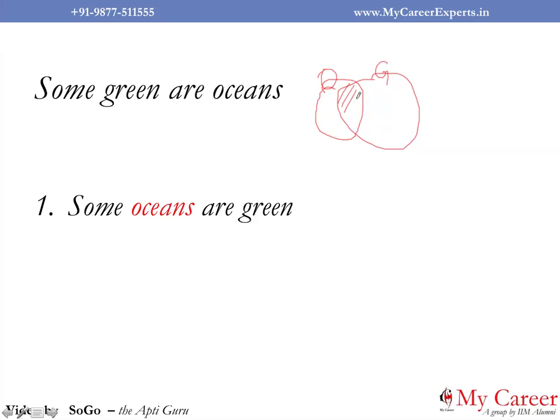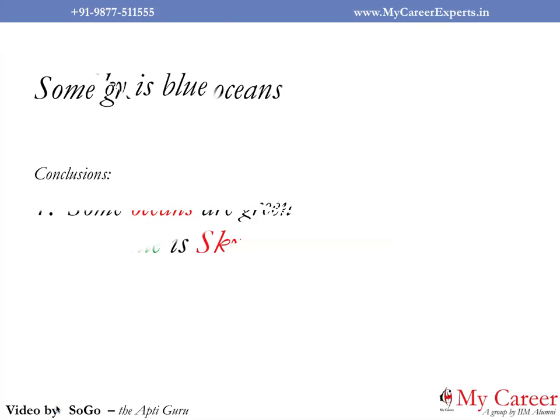So it means some green is ocean. It means some ocean is green, some green is ocean. So here we will see if we have one relation, other will also come as some. Some A is B, so it also means some B is A. Can we move to the next question?